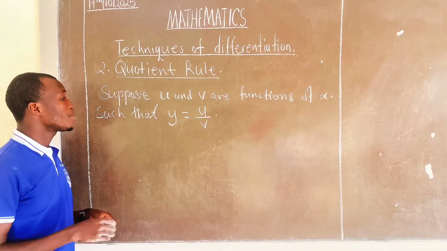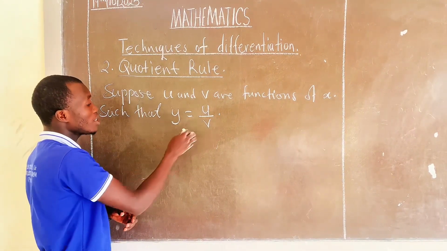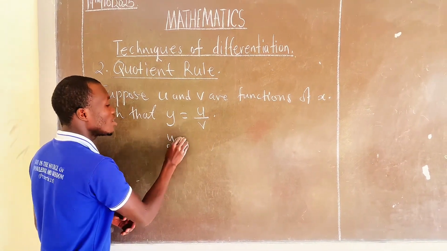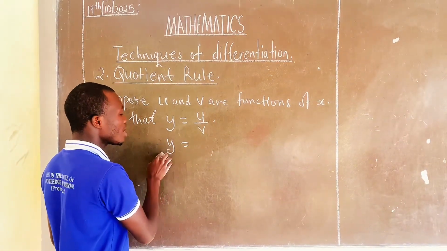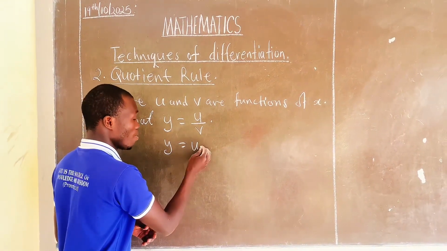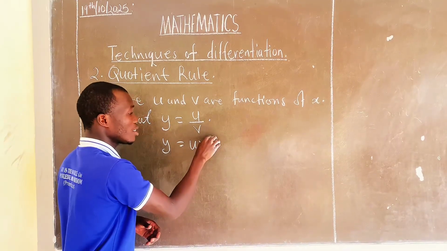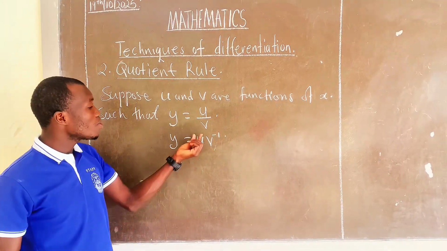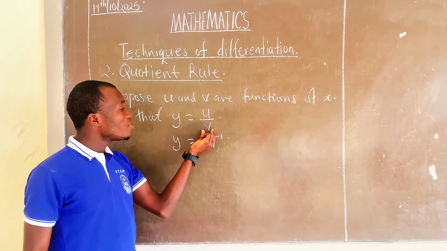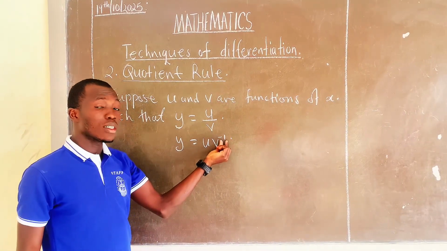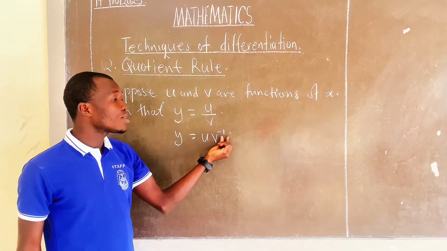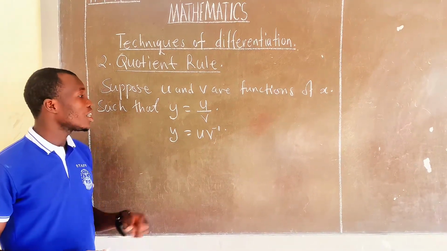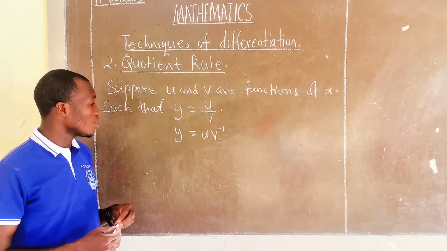But remember, this u over v, I can also write it as y is equals to u v to power negative 1. Reason being, when this v goes up, it will get its inverse, which will become negative 1, since here it is power 1.